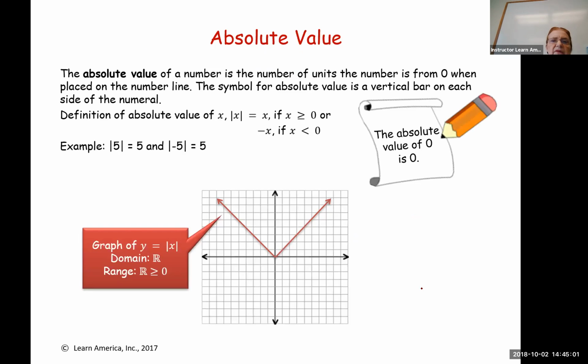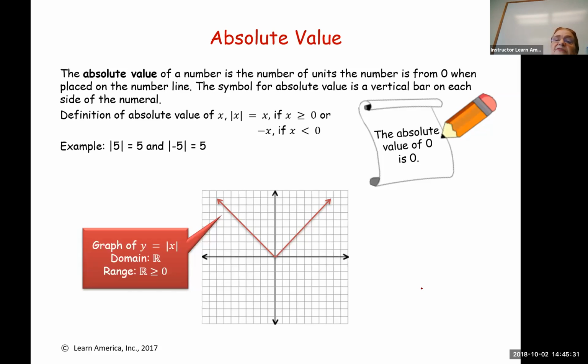That one too. Okay. So finally, we're going to look at the notion, which is extremely important, the notion of absolute value of a number. The absolute value of a number tells us how many units that number is away from 0 when you place it on a number line. So in terms of absolute value, it doesn't really matter whether you're dealing with going to the right or going to the left. What matters is how far away are you from a starting point at 0.